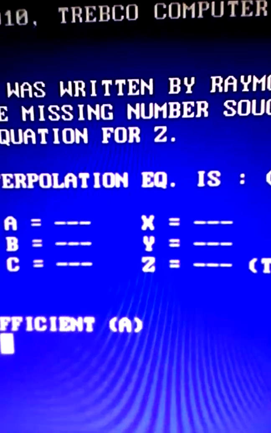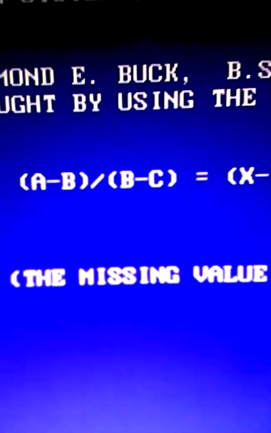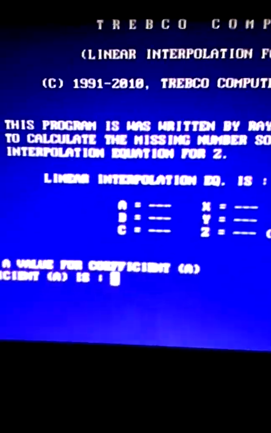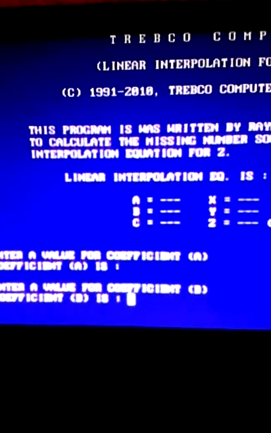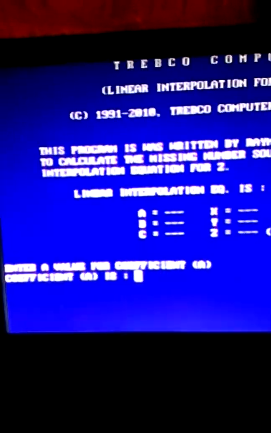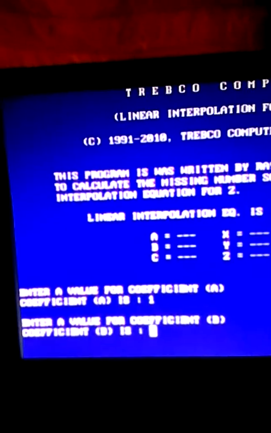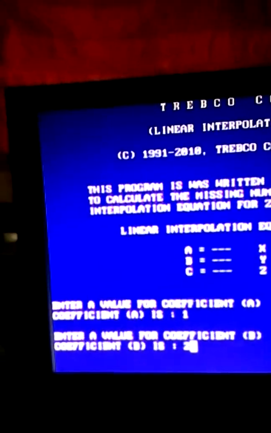We're going to be looking for x, y, and the missing number is going to be z. And I'm going to use something really simplistic. Oops. Okay, sorry, I hit the wrong finger. We're going to do 1, 2.